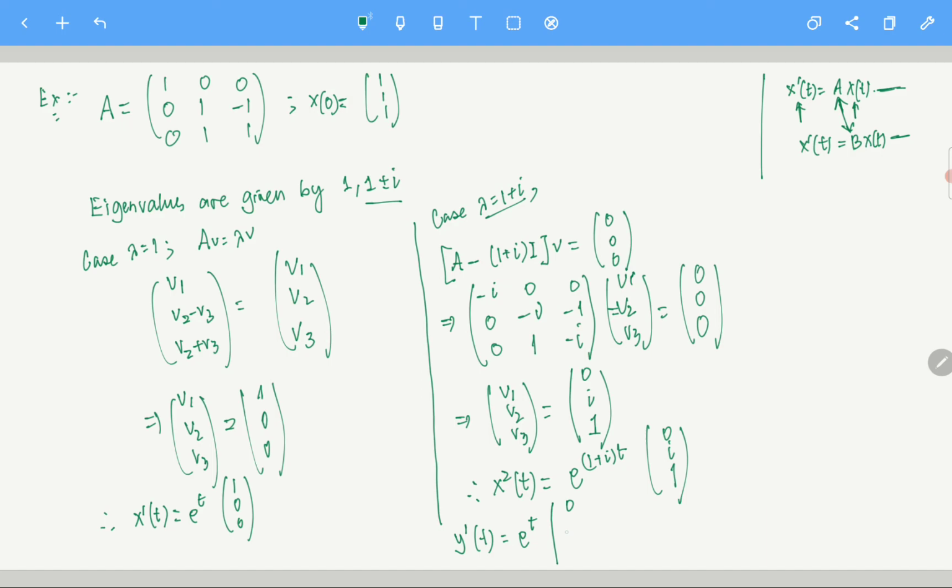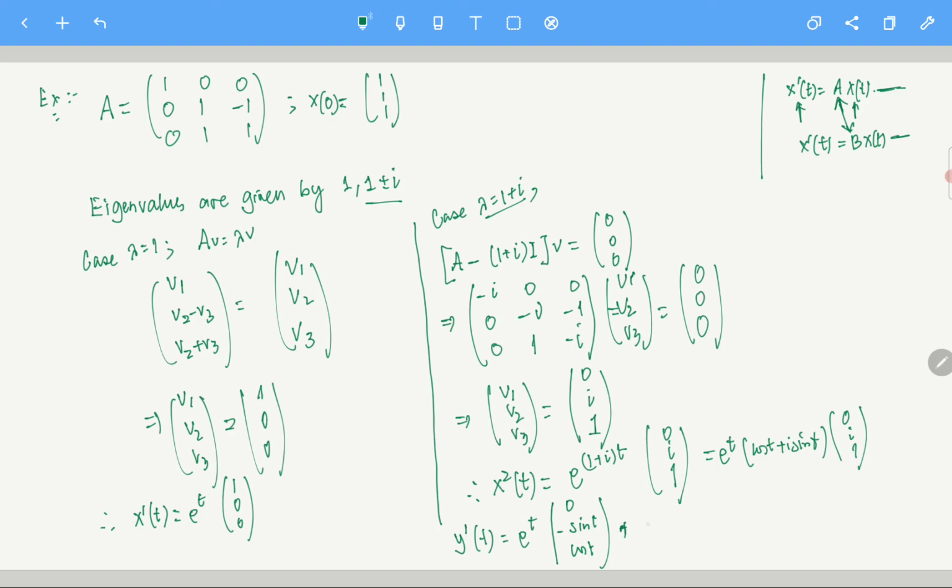0, so if you just break it, you see it is e^t e^(it), so this is (cosine t plus i sin t) times (0, i, 1), right? Now you just have to break all of this up and write it together. So this is going to be (0, minus sin t, cosine t). Let me write it down and you can verify if this matches your answer.